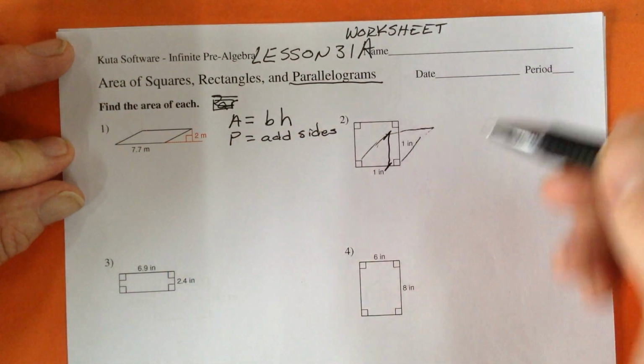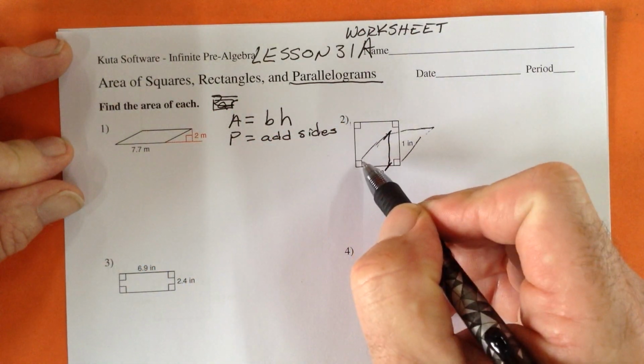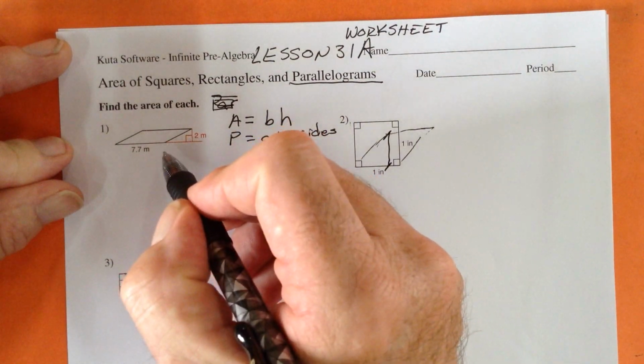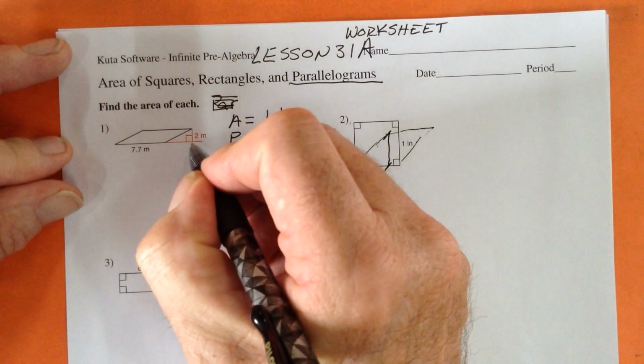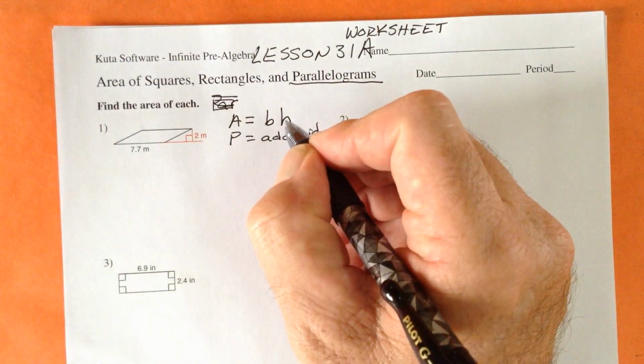You can see the height is squashed down, but these lines here will stay the same. So you're going to be multiplying the base times the height with the parallelogram.